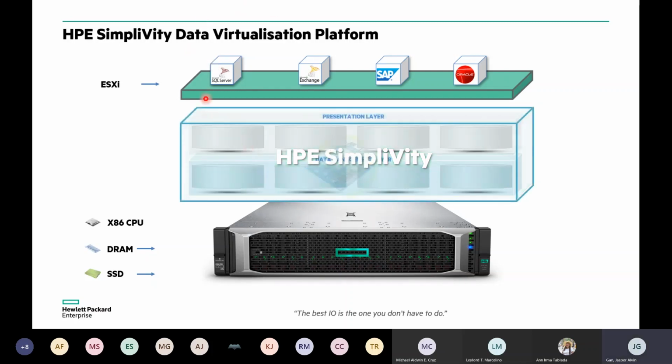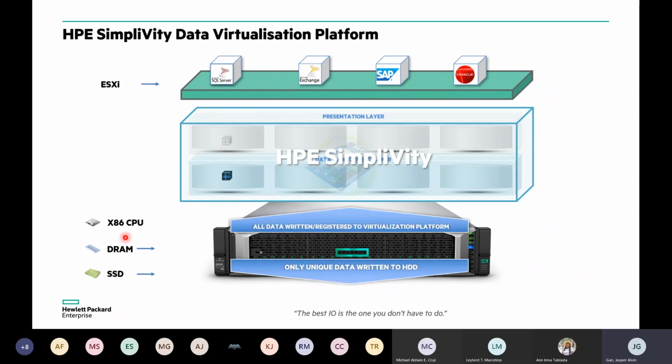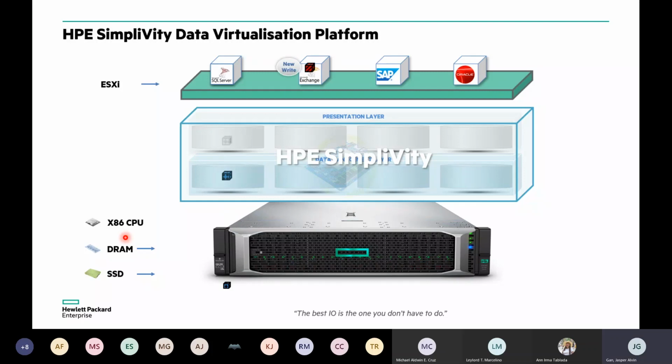So for example, as you can see here, we have 4 virtual machines running different workloads. When a virtual machine writes data, it passes through the data virtualization platform or the presentation layer, where it's then analyzed to see if it's a unique block of data. When it sees that it's a unique block of data, it automatically compresses it and writes it to this.